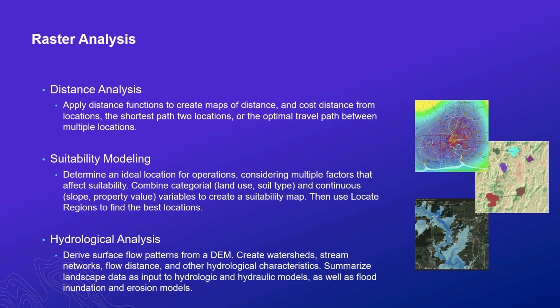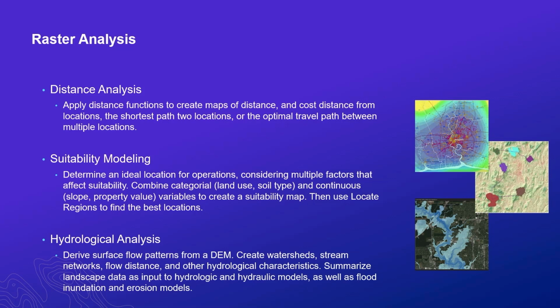Suitability modeling is the most commonly used analysis that people do with raster. What does it do? It finds the area that is suitable for a certain kind of operation, let it be building a school or your cell tower or the new Starbucks location. It considers multiple factors that affect the suitability. For example, it combines categorical data like land use, soil type, and other continuous data like slope or property values, aspect.